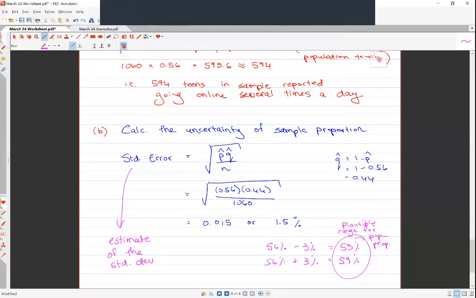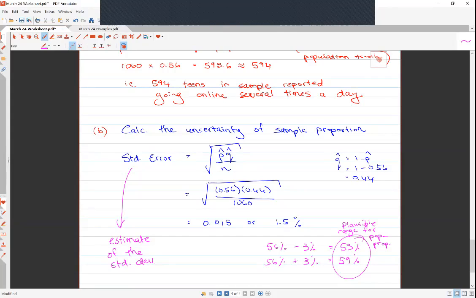If information is being given to you about the full population, if I say in the population of all Fort Worth students, 25% participate in activity X. When it's about all students or about all households, if it's about the entire population, it's just P. But the moment you're calculating something based on a sample, that's when you use P hat.